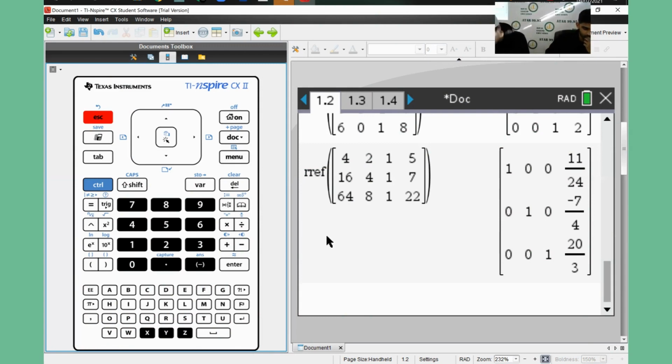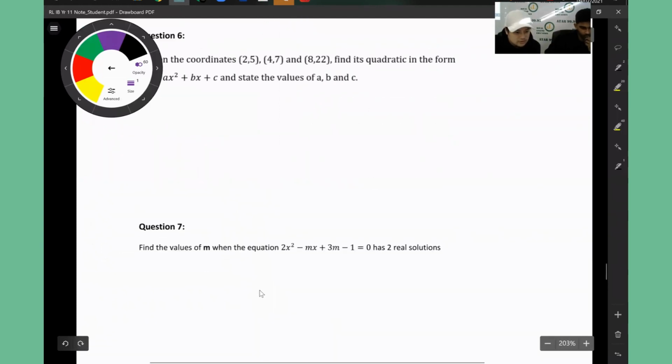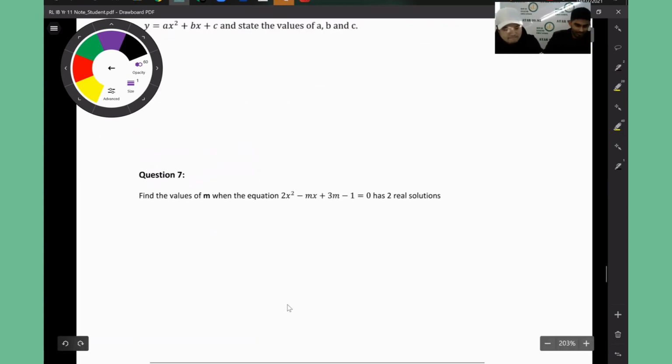All right, so the concept, if you look at the question and you don't know the concept, that's no use. I'm not only teaching you the calculator technique, some algebra I want you to know as well.